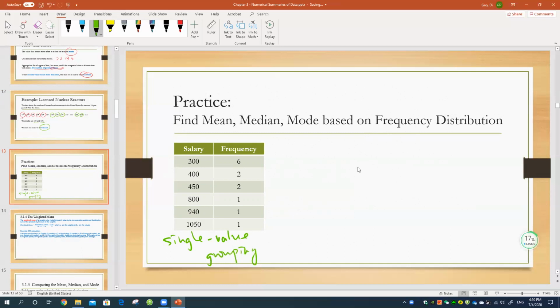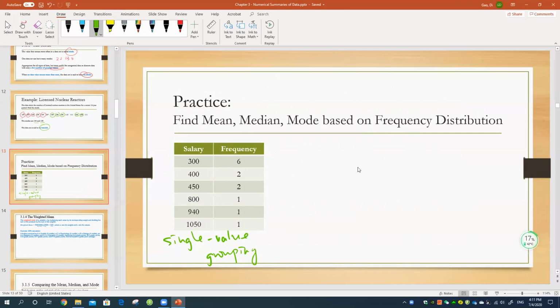And then we have this frequency distribution. It actually tells us the real data set. We can actually write back the data set, but we don't really have to. If you feel you cannot just look at this frequency distribution and think about the original data set, you can always write it back like this.